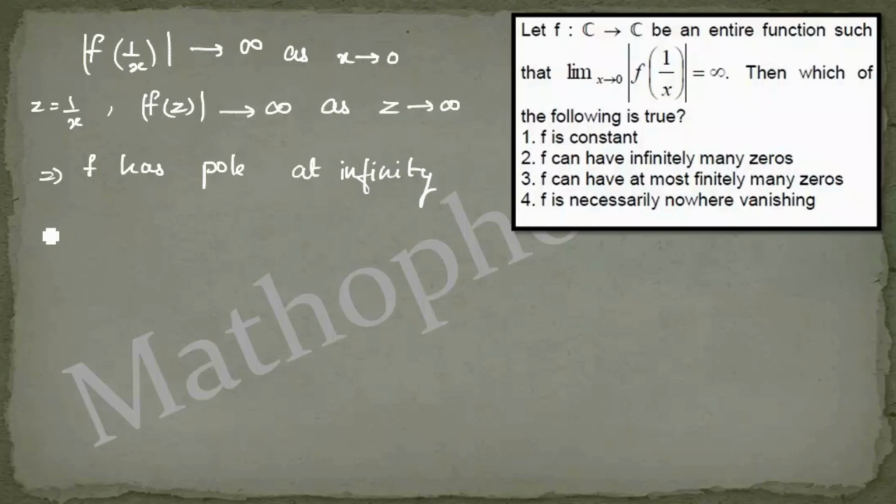Here f is already given as entire. So entire plus pole at infinity implies f is a polynomial.